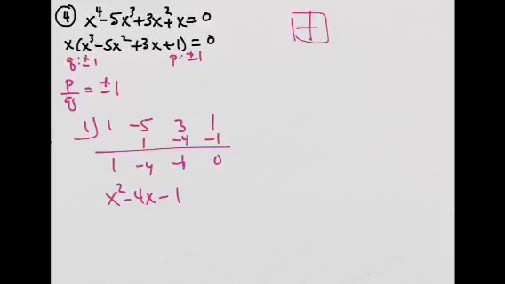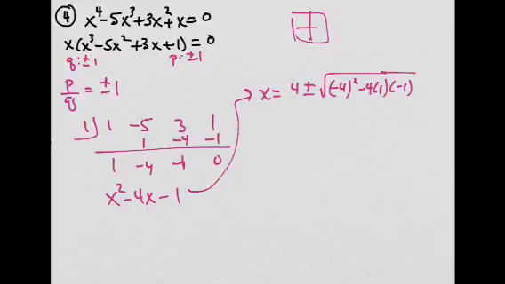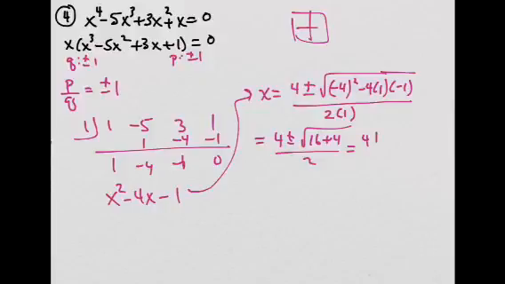It doesn't factor, so I have to use the quadratic formula. So I'll do that over here. X equals the opposite of b, negative b, plus or minus the square root of b squared minus 4 times a times c, all over 2 times a, which is 1. So this gives you 4, and we've got 16 plus 4, which is 4 plus or minus radical 20.